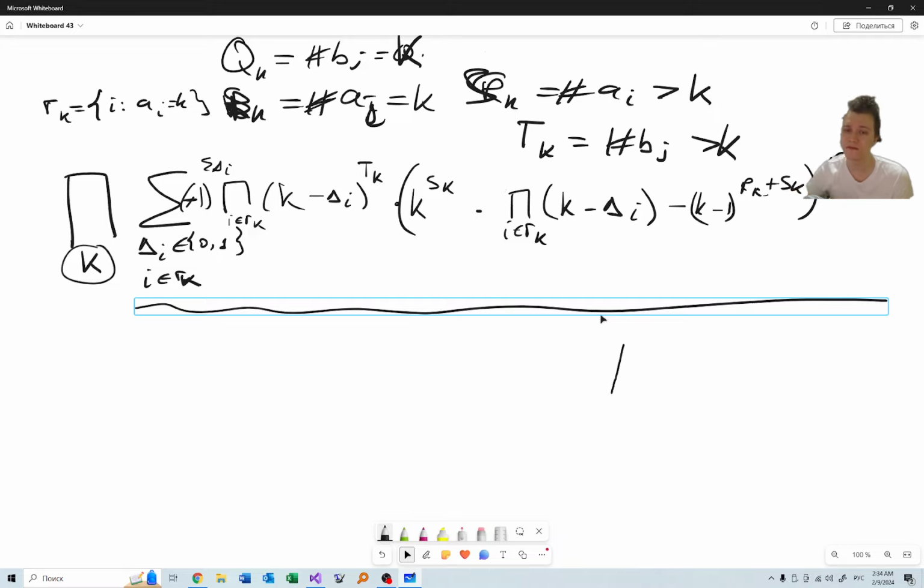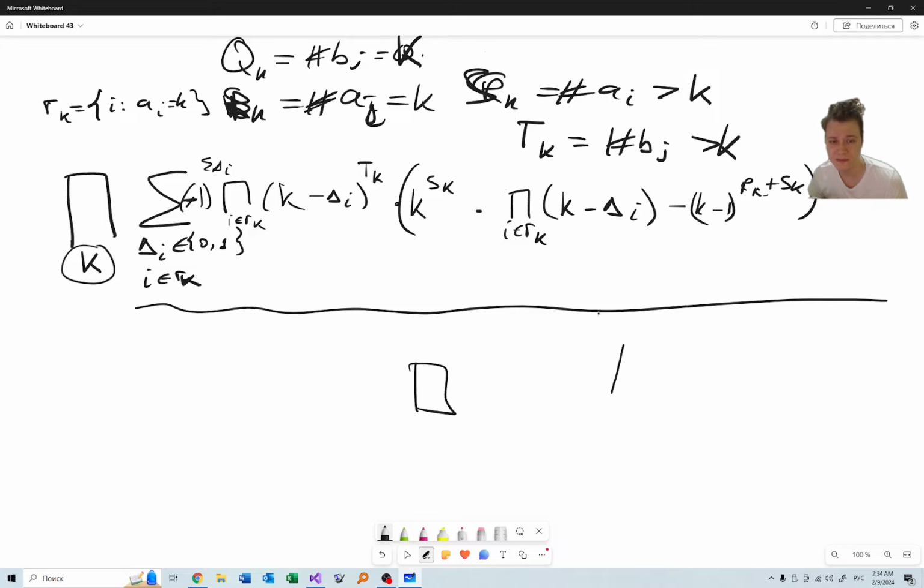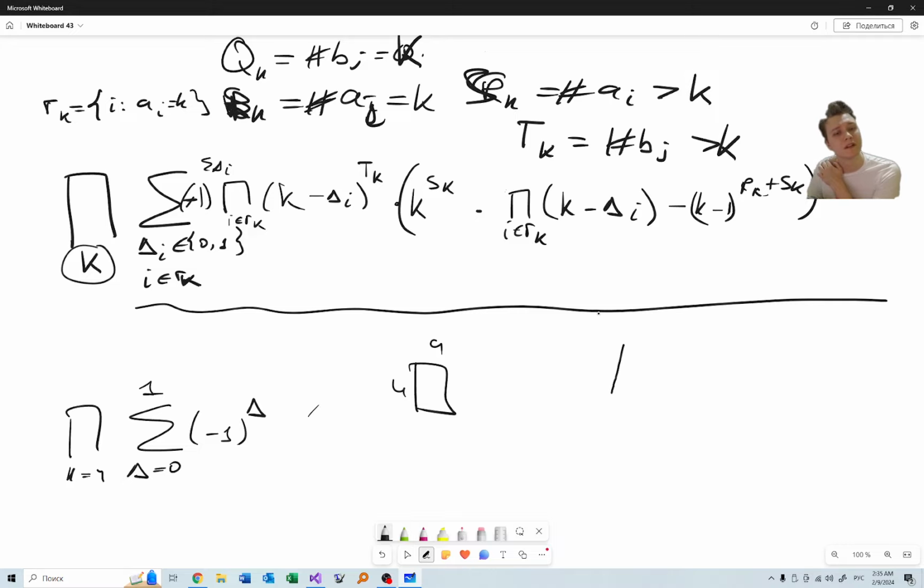Let's at least check this formula for my favorite example 4. So it's the product over k equals 4, which makes sense. Then I have the sum of delta from 0 to 1. So I have minus 1 to delta. Then I multiply all numbers. This is not taken because t_k is 0. And I'm not interested.